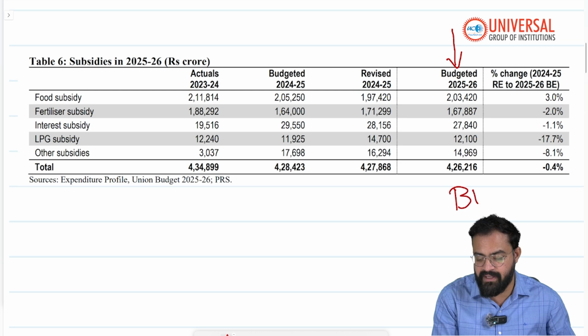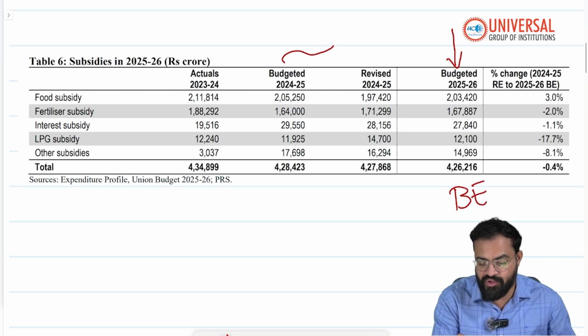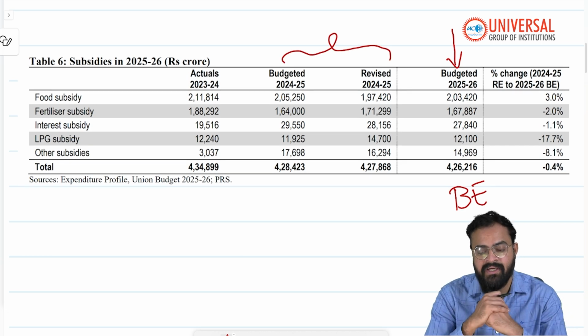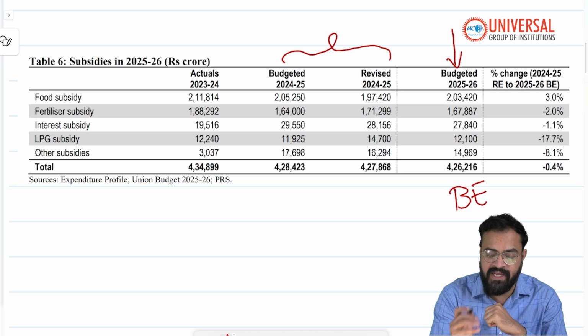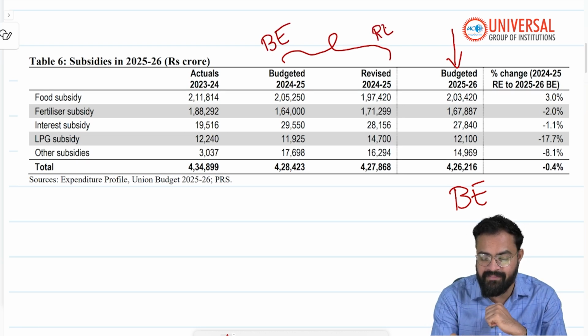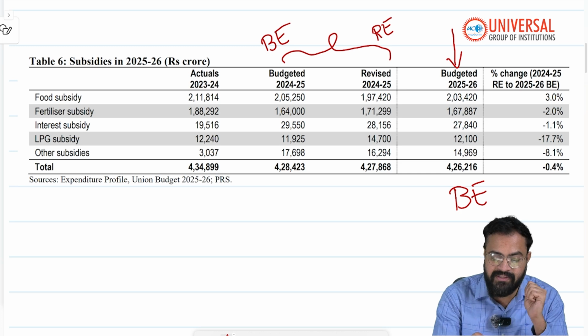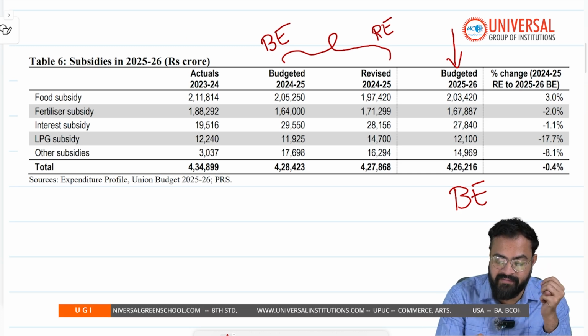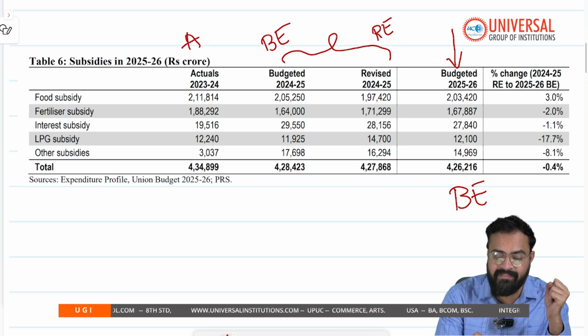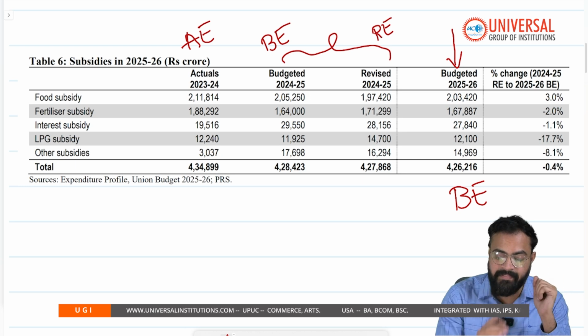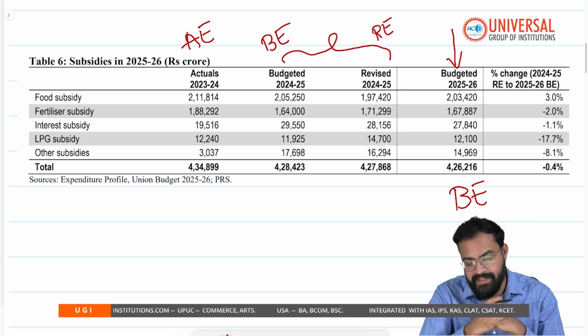This is BE. Then we have the 24-25 financial year data, both budgeted as well as revised estimation. And the third set of data is the actual figure of the previous financial year, that is 23-24.